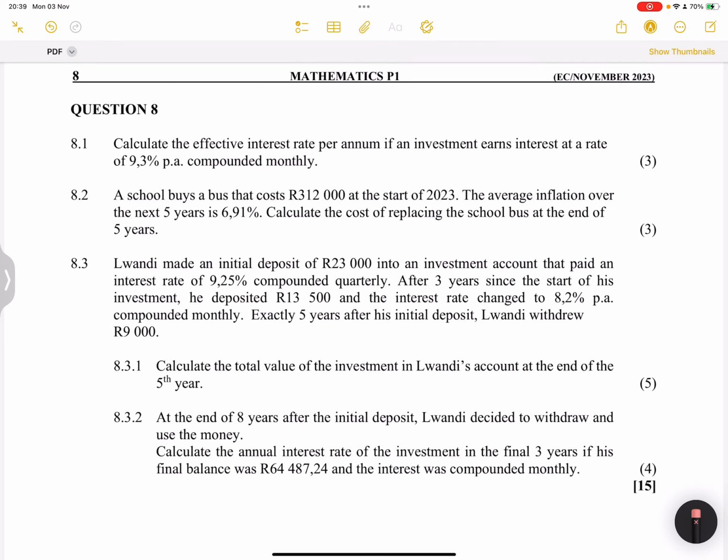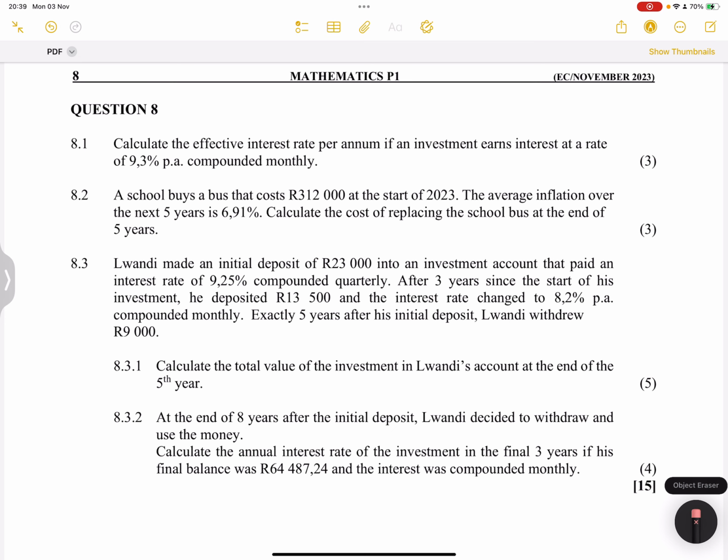They say calculate the effective interest rate per annum if an investment earns interest at a rate of 9.3% per annum, right? And it is compounded monthly.